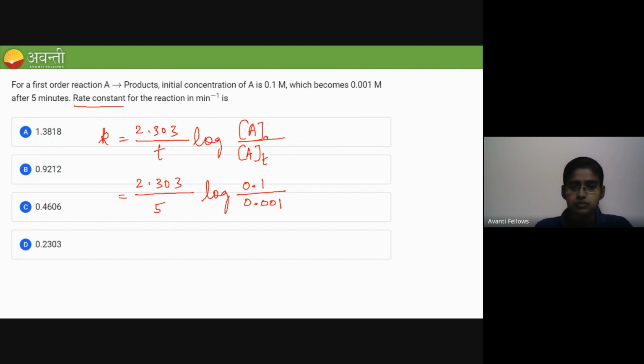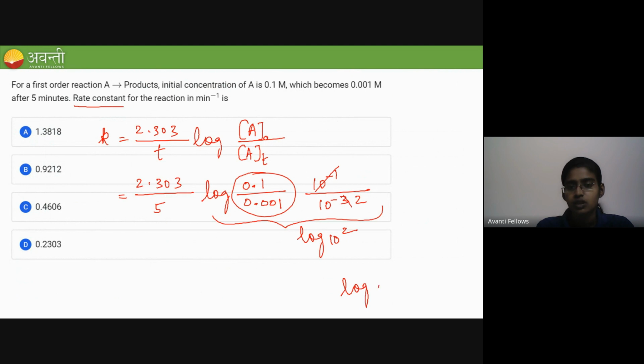0.1 is nothing but 10 power minus 1, and here it is 10 power minus 3. If I cancel this out, I'll get 10 power minus 2 on top, so it is log of 10 power 2. We know that log of m to the power n is equal to n into log m.